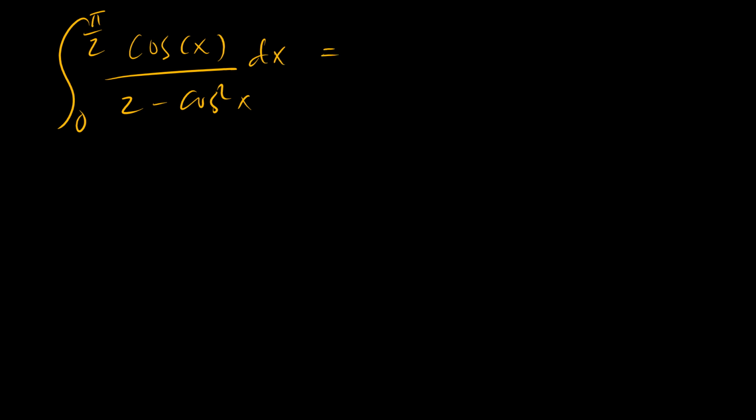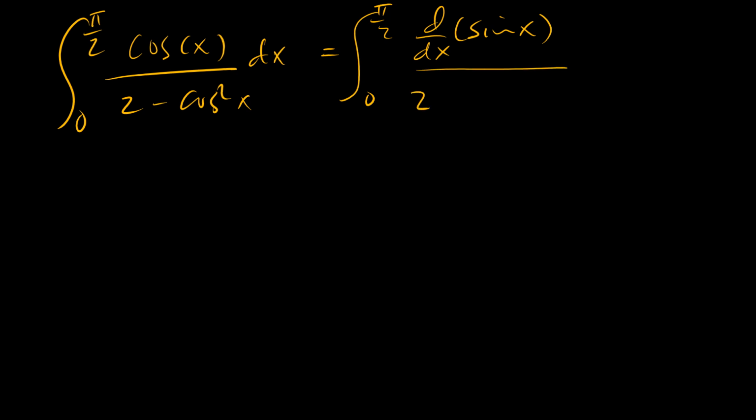So this is the same as, from 0 to pi over 2, the derivative of sine x over 2 minus, well, 1 minus cosine squared x is 1 minus sine squared x.